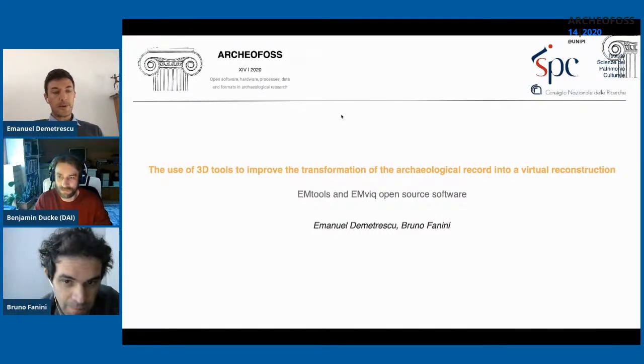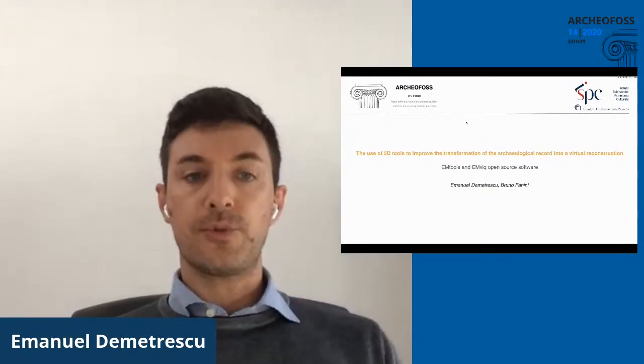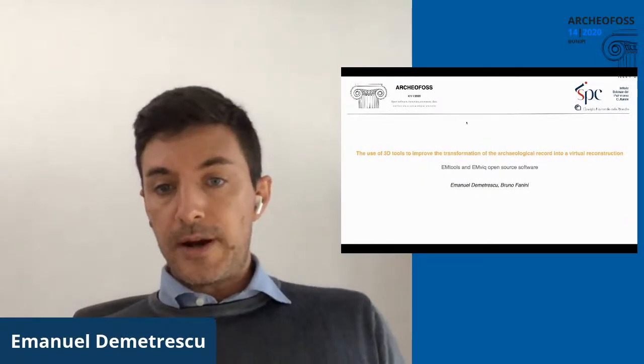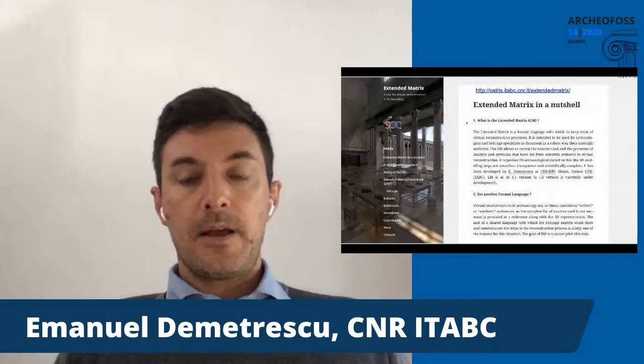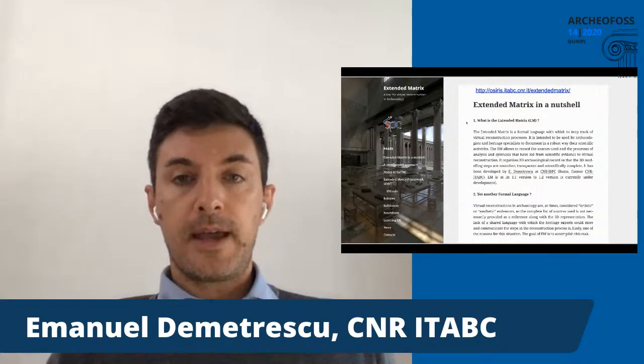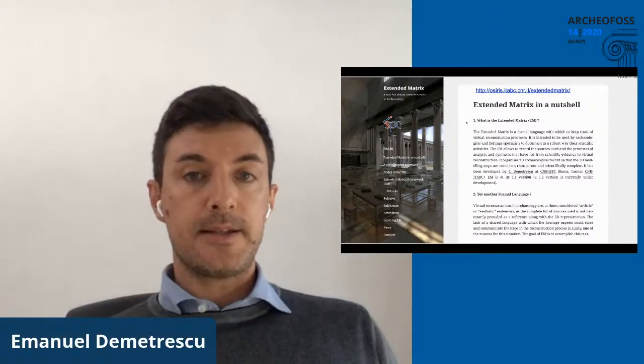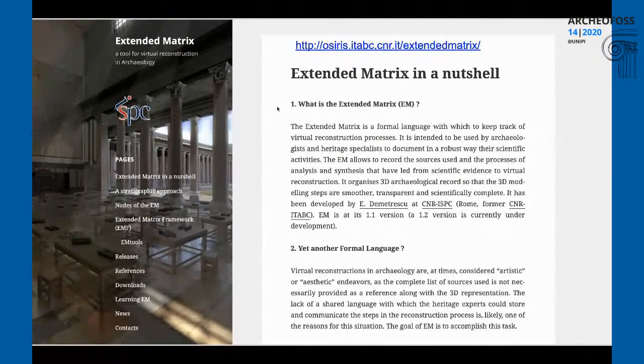Here we will present the use of 3D tools to improve the transformation of the archaeological record into a virtual reconstruction. Just some words regarding the extended matrix, the formal language under the hood.